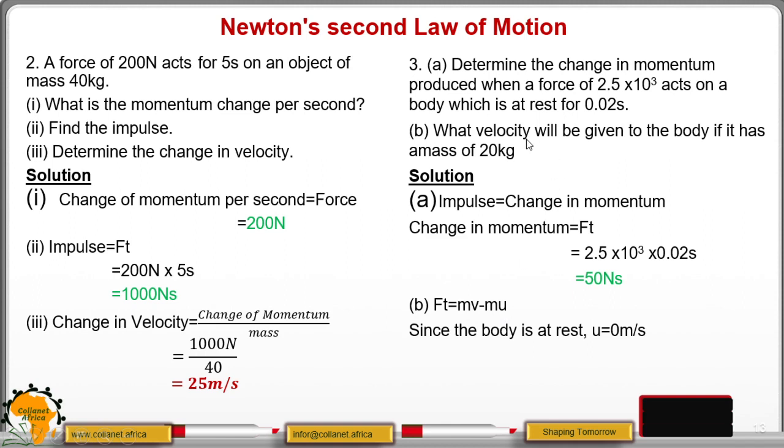And remember, the body was at rest, therefore our u is 0 meters per second. Therefore our Ft will be mv. So v will be Ft divided by mass. So it will be 50 Newton second divided by mass, which is 20. By dividing, you get that the final velocity will be 2.5 meters per second.